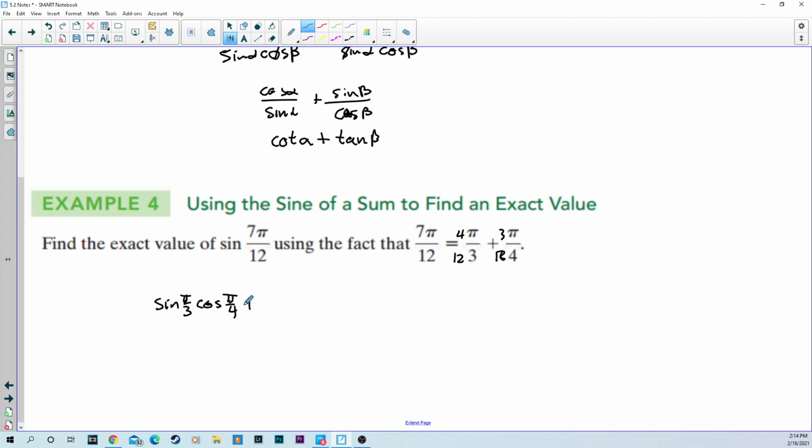Sine is the same sign, so plus cosine of pi over 3, sine of pi over 4. Now we know the sine of pi over 3, that's square root of 3 over 2. Cosine is square root of 2 over 2. Cosine of pi over 3 is 1/2, and sine of pi over 4 is square root of 2 over 2. We end up with square root of 6 plus square root of 2 over 4.